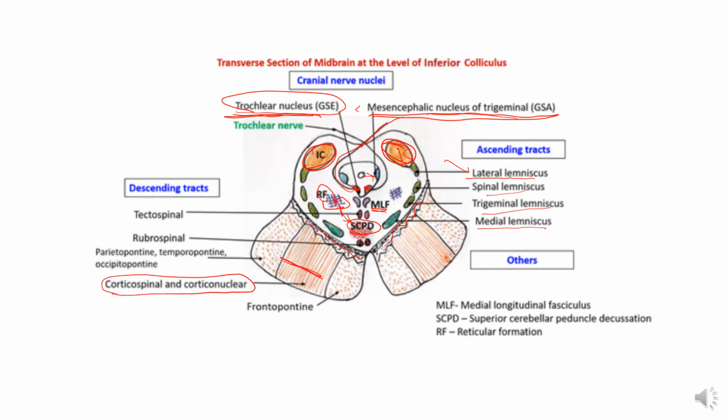The frontopontine fibers occupy the medial part of the crus, and the temporopontine fibers occupy the lateral part of the crus. These descending tracts connect the cerebral cortex to the anterior gray column cells of the spinal cord, the cranial nerve nuclei, the pons, and the cerebellum.